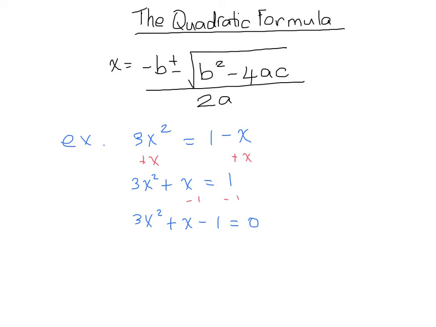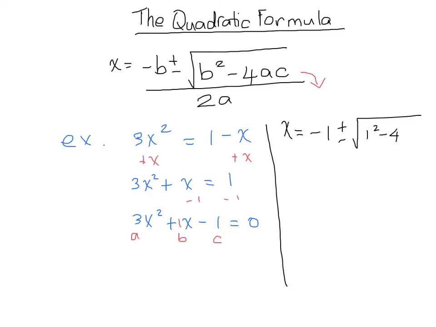Alright, so now we have to figure out what's our a, what's our b, what's our c. And that's easy once it's in standard form. So remember, it's ax squared plus bx plus c. So in this case, our b is just 1 because we can't see a number there. And now we can plug directly into our quadratic formula. So, as we know, as we just heard, x is equal to negative b, and in this case b is 1, so negative 1 plus or minus the square root of b squared, so it's still 1 squared, minus 4.